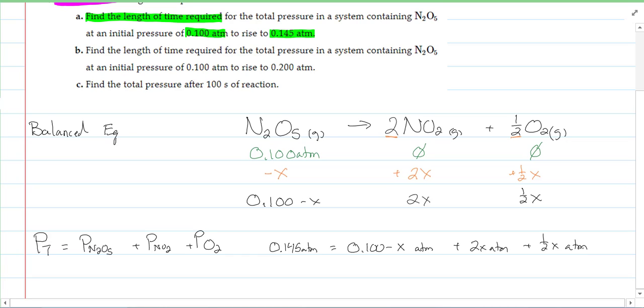So just doing some math. And it's all addition, right? So I have 0.100 minus negative x, that's 1. So that's 2x, 2.5x minus x would be 1.5x, equals 0.145 atmospheres.